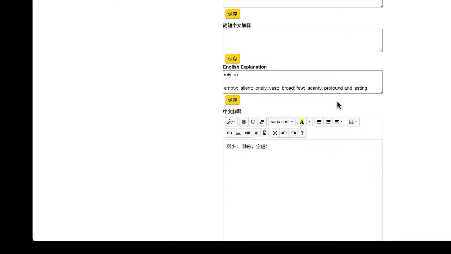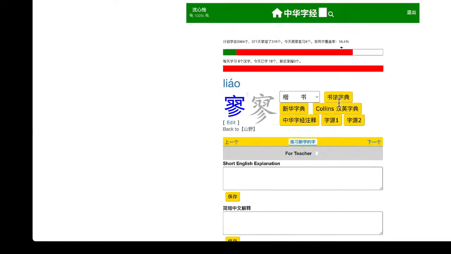So basically void, like big, huge, but has nothing in it. That also relates to lonely, silent. If you are in a place that is vast and has nothing in it, then you obviously will feel lonely, right?